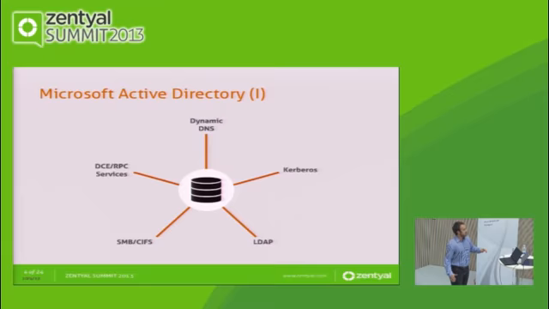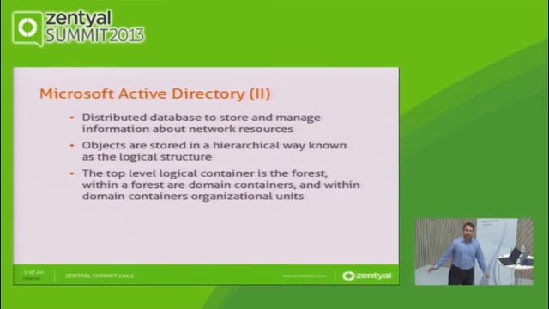Well, this is not a very accurate definition, but we can say that Active Directory is a distributed database of objects that represent physical or abstract entities in our company, organized in a hierarchical way.